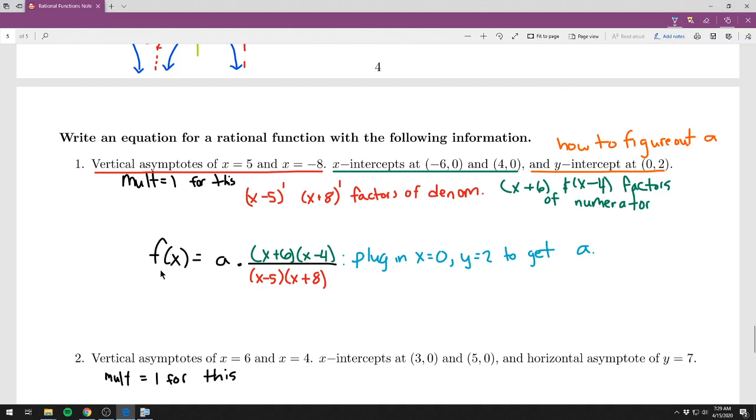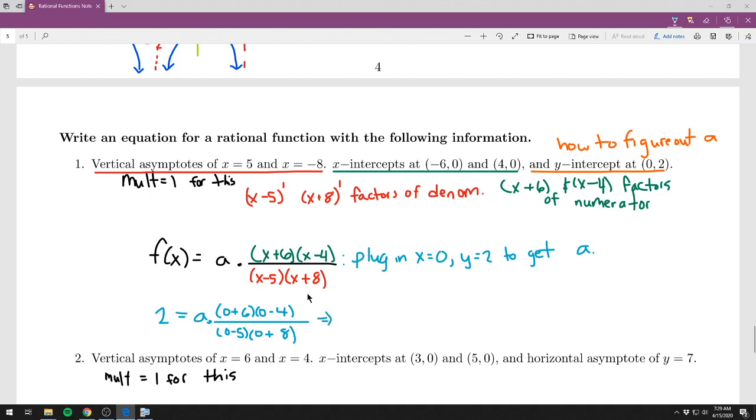Let's go ahead and do that. The f of x is y. We got 2. Solving for A. Multiply. We have 0 for x everywhere. And 0 plus 6 and 0 minus 4 on the top. On the bottom, we've got 0 minus 5 and 0 plus 8 on the bottom.